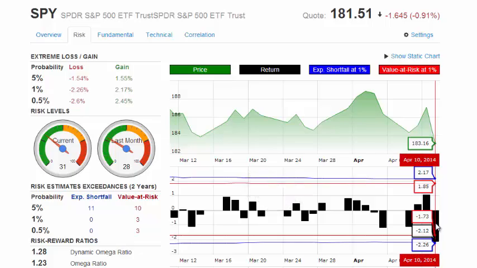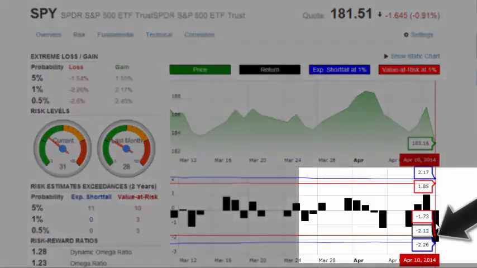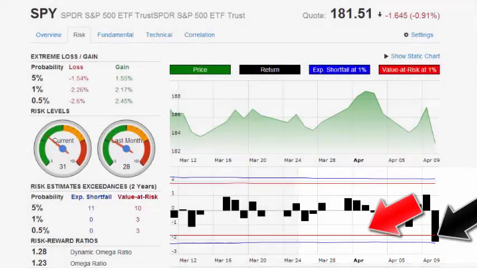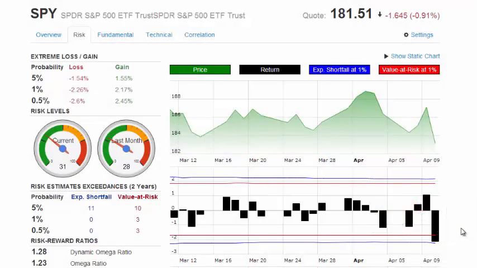On April 10th, the return of SPY was minus 2.12%, which is below the red value at risk line. This is an exceedance. Note this is not an exceedance for the risk level predicted by the blue line.